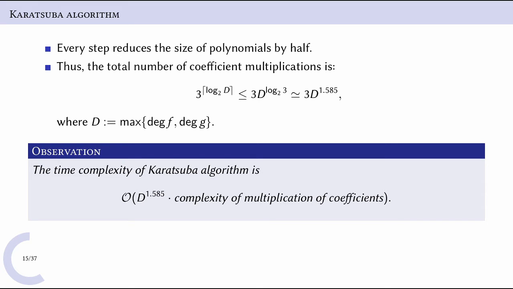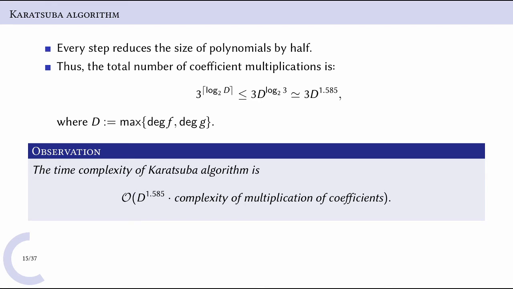As we have seen, even for polynomials of degree 3, the actual number of multiplications of coefficients was lower in the Karatsuba algorithm. So even with these additional steps that we need to perform, like splitting the polynomials and so on, if the most time consuming operation is multiplication of coefficients, and it is usually so, then the Karatsuba algorithm will be faster.